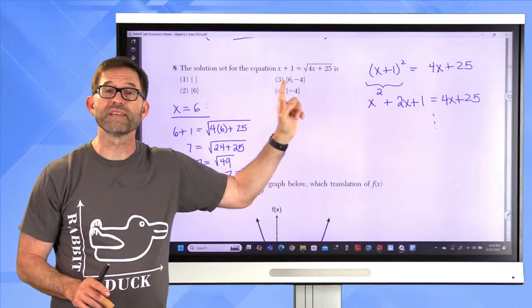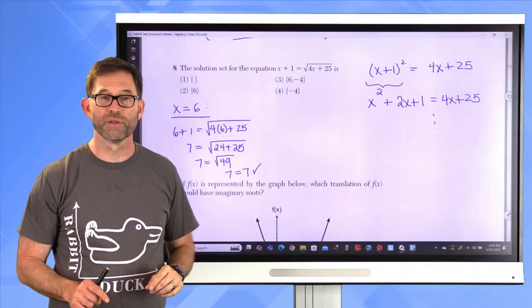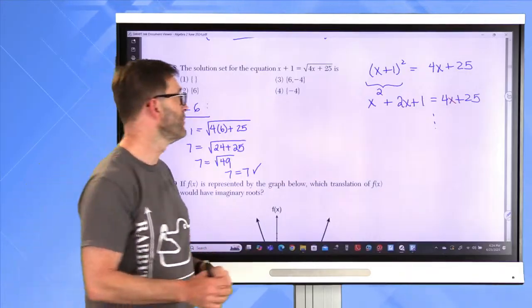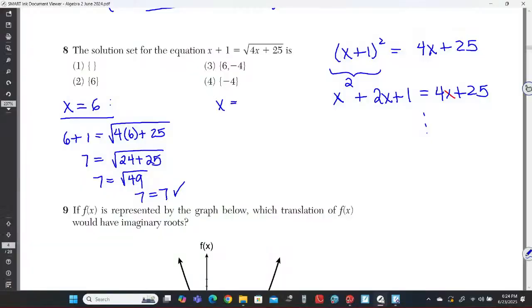The question is, is negative 4 also a solution? Let's check that one. x equals negative 4. If I do that one, I get negative 4 plus 1 is equal to the square root of 4 times negative 4 plus 25.